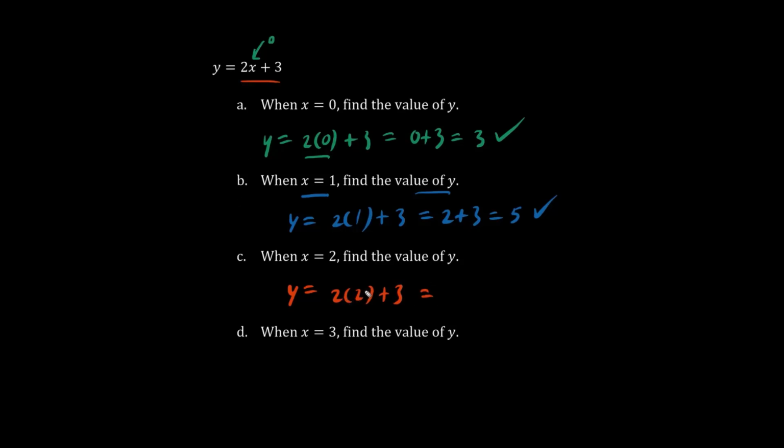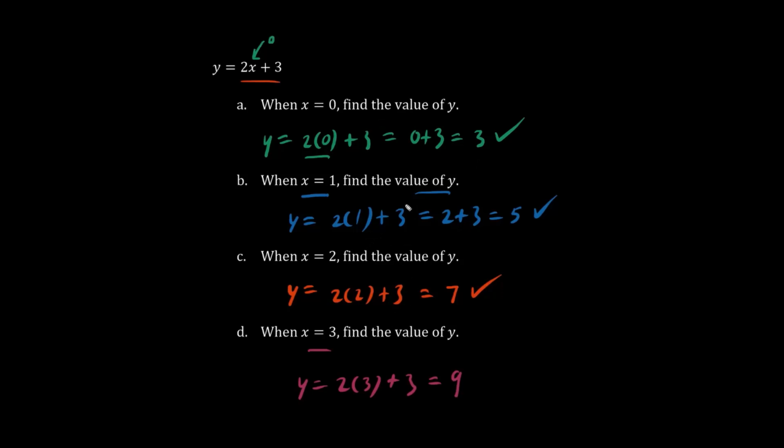We have 2 times 2 is 4, plus 3 is 7. And now we have x equals 3, y equals 2x plus 3. 2 times 3 is 6, plus 3 is 9.